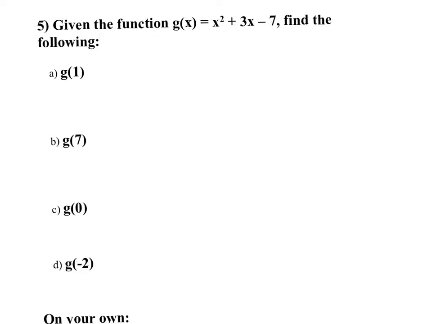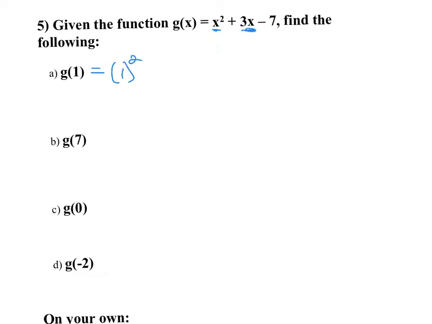I'm just going to write equals there, and now I'm going to plug in a 1 every time I see an x, because in my original I have an x there and an x here. And I'm going to put parentheses around it whether it's positive or negative, because when it's negative, it kind of messes it up. So it's good to be in a habit of putting parentheses around everything you plug in.